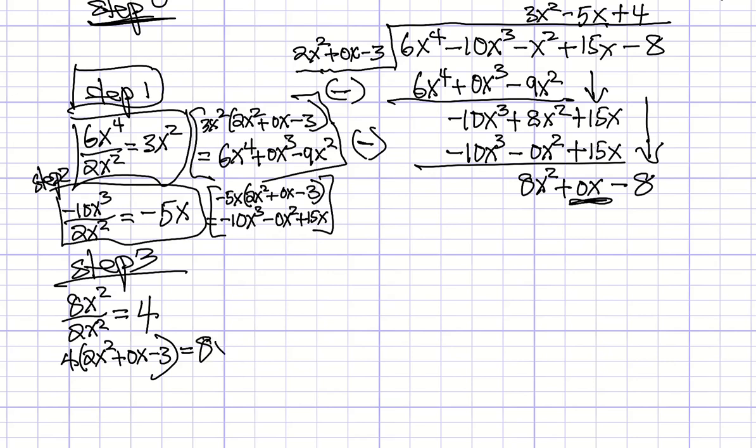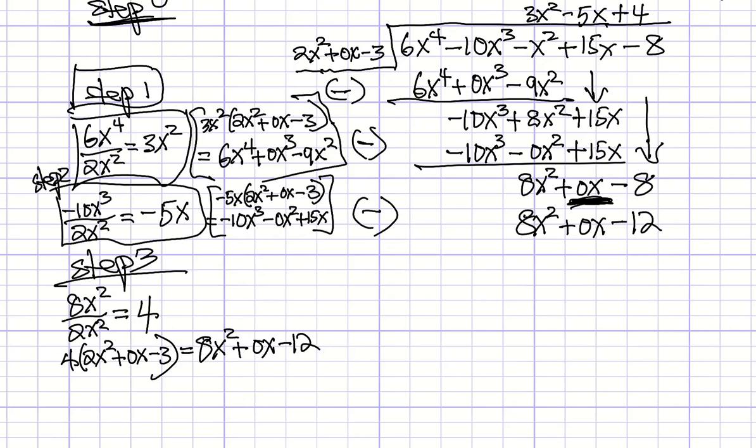You get 8x squared plus 0x plus negative 12. And you put that here: 8x squared plus 0x. See that? I think it's good I put that there. Negative 12. And then you subtract.